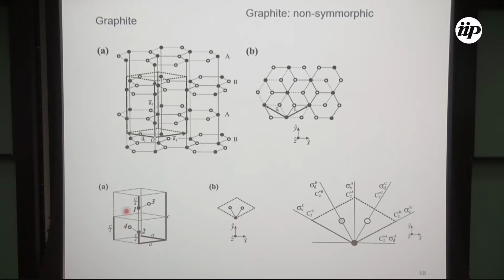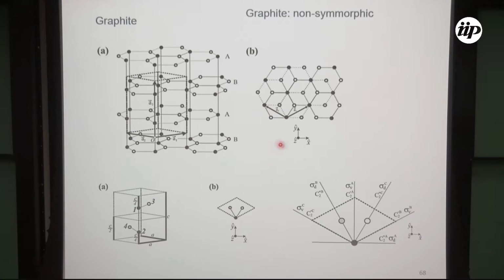Okay, so there are some consequences. This is the unit cell of the graphite. So graphite looks very symmetric, but the unit cell is weird. We have these two atoms here, and we have these two atoms here. If we draw this thing here, these two atoms are the atoms of the unit cell, but they are not in the same plane.